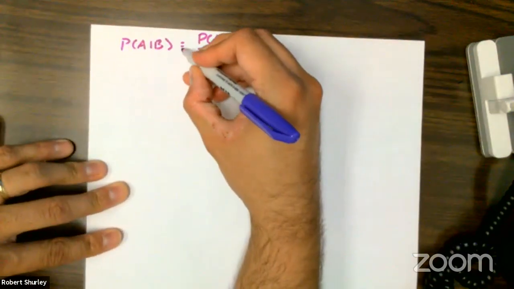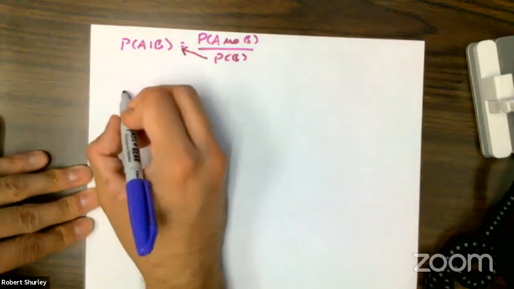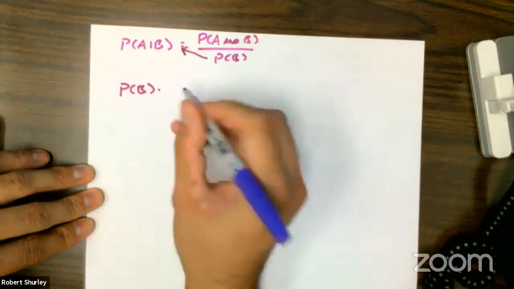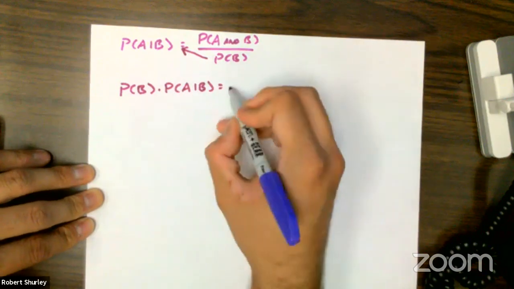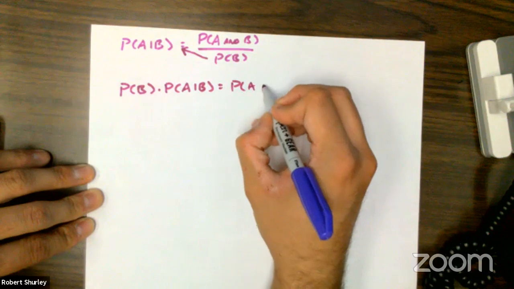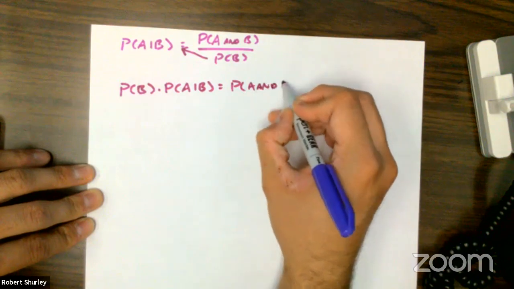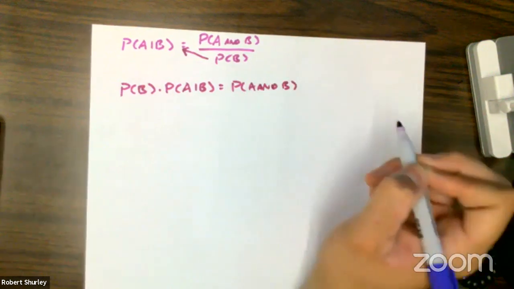If I multiply this to the other side, we'd have the probability of B times the probability of A given B equals the probability of A and B.